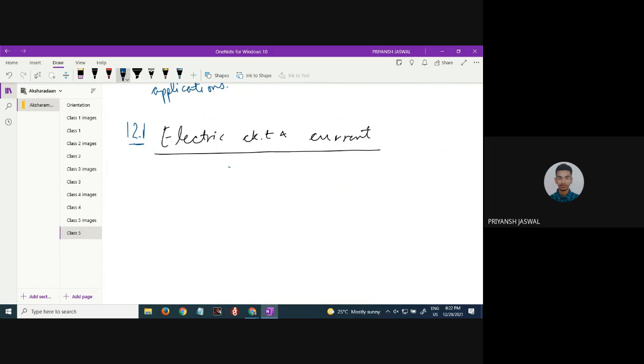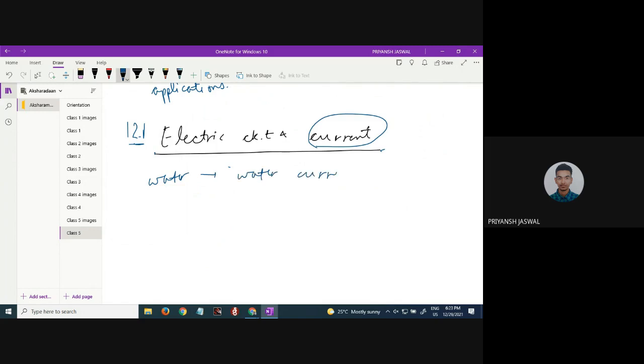So, what is current? First of all, the electric current. How would we define it? Before that, let me give some analogy. Like when water flows, we say there is a water current in the oceans.